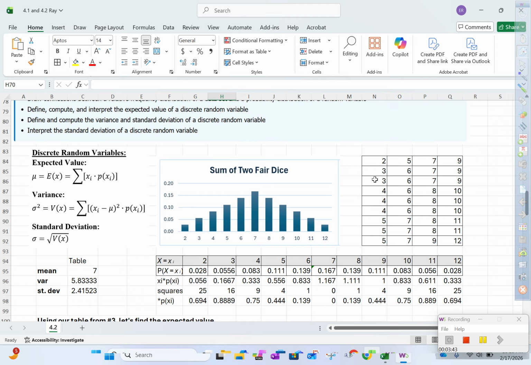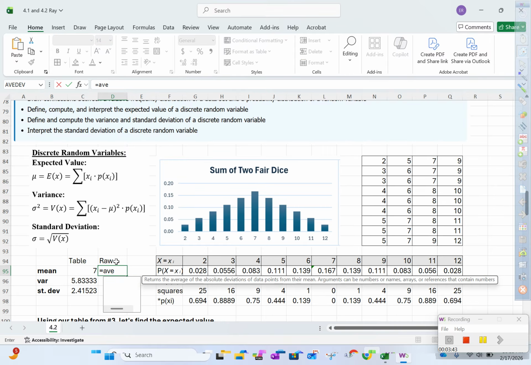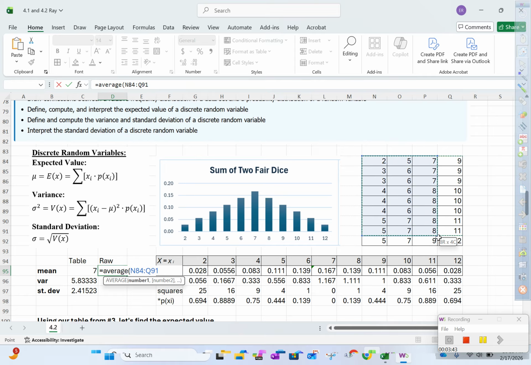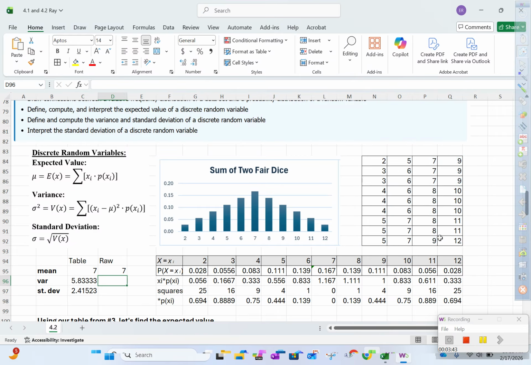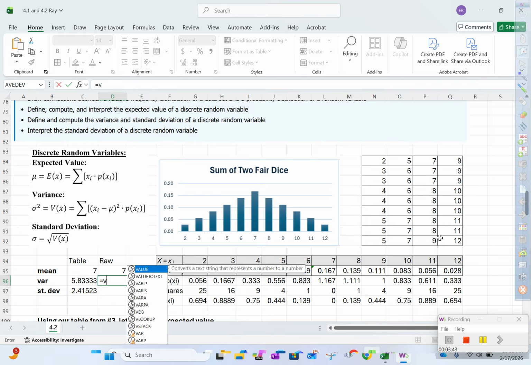And so if you have the raw data, we know we can calculate the mean using Excel. So do this with me here. Add a little column for raw, and we're going to go through these Excel formulas. Equals average for mean, and we're going to calculate the mean here. Okay, matches up with the table. Okay, then we're going to do equals variance.